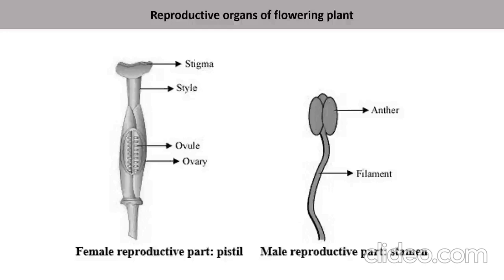Either they are present on different flowers or on different plants. Why does it happen that during evolution the plant chose to put these different organs in different locations? Why are they not present together? Does anybody know the answer to this question?